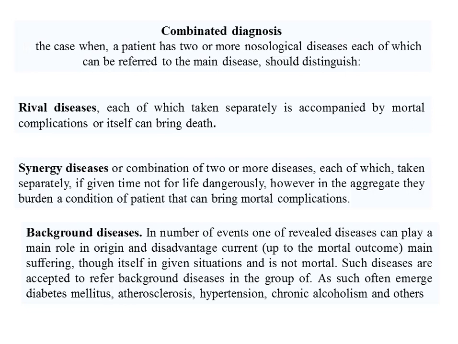So, a background disease is a condition which may lead to a more severe course of other diseases. For example, diabetes mellitus leads to a more severe, aggressive course of phlegmonous appendicitis, or hypertensive disease may lead to a more severe, complicated course of myocardial infarction.